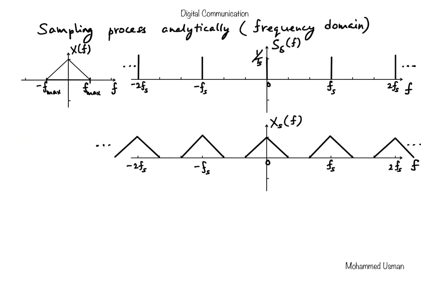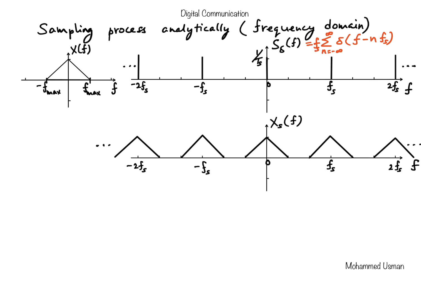So S delta of f, I'll just write it here, is equal to summation delta of f minus n fs, for n equals minus infinity to infinity. But now when we take this spectrum, it has a scaling factor of 1 by Ts, or simply fs.